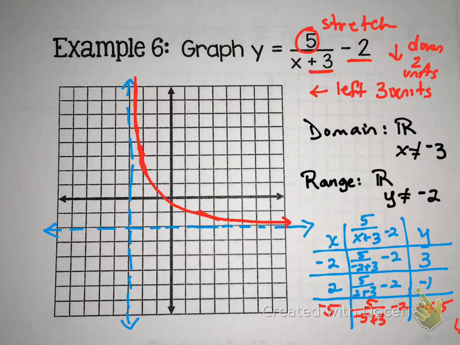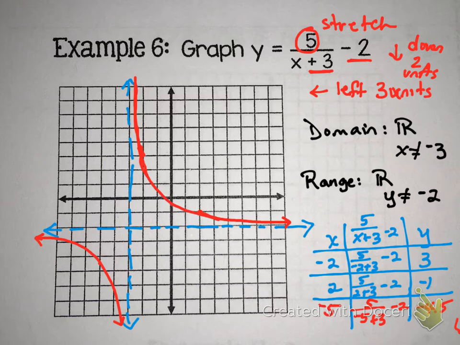So at -5, I would be at -4.5, something like this. Based on what we know, we're going to have the same sort of picture, and that would be good enough for me.